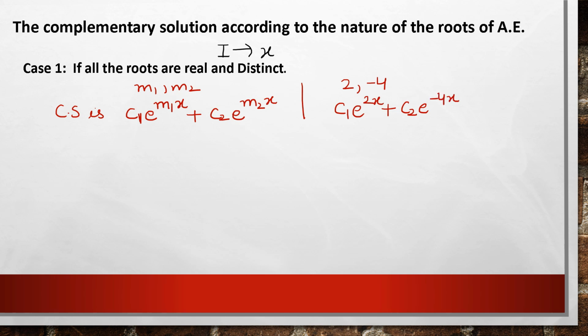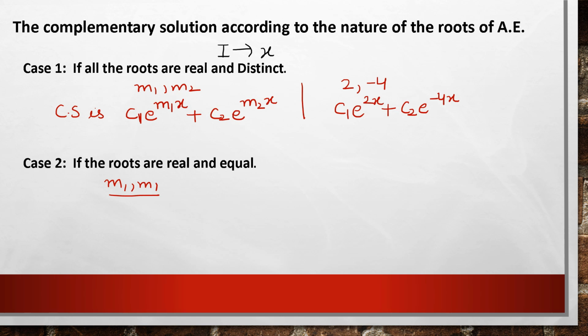Now let's see case number 2: the roots are real and equal. How will we write the solution if the roots are real and equal? Let's say we have the root m1, m1, so m1 is repeating 2 times. We'll assign the same number of constants as the repetition of the root.